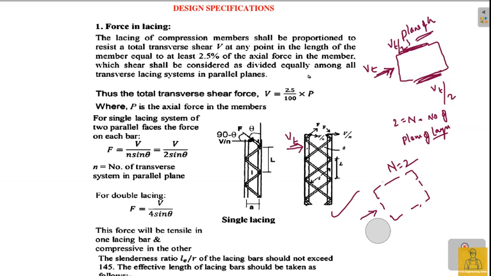Then this one and this plane. So even with 4 angle sections coming together with 4 lacing systems, still n is equal to 2. So what is the transverse shear force taken by each plane, each system? Vt by 2.